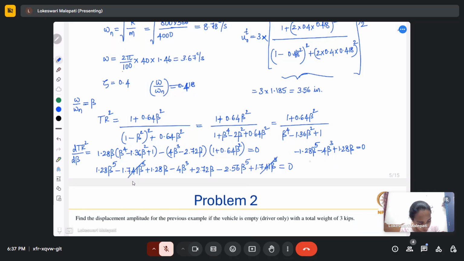So we will have 1.28 beta power 4 plus 4 beta square plus 1.28 is equal to 0. So this is a quadratic equation in beta square. So we can write beta square is equal to minus 4 plus or minus square root of b square minus 4ac.